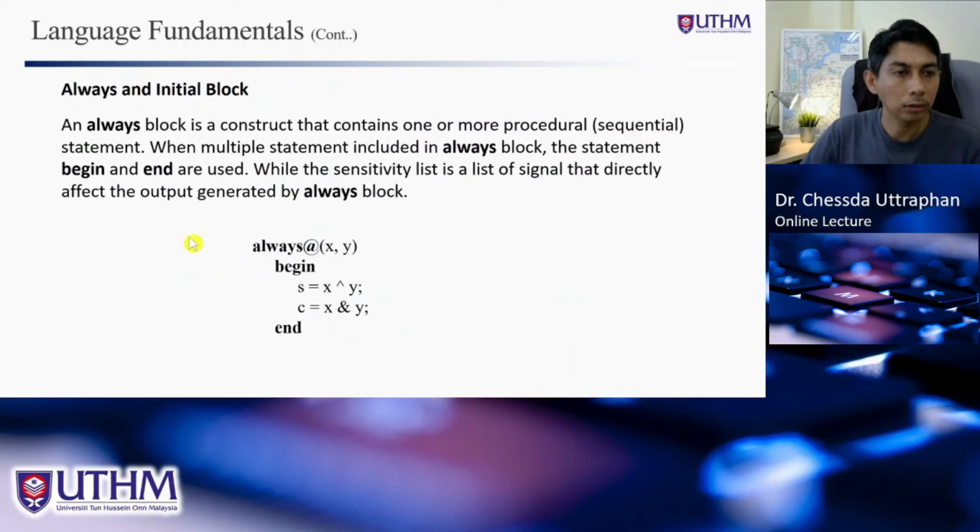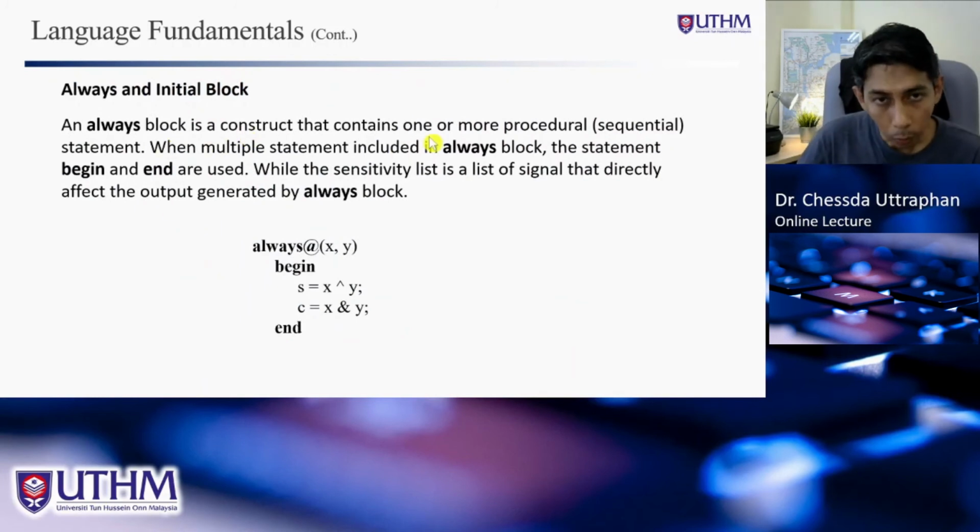An always block is a construct that contains one or more procedural sequential statements. When multiple statements are included in an always block, begin and end are used, for example, this. The sensitivity list is a list of signals that directly affect the output generated by the always block, so this we call the sensitivity list. So what exactly is an always block?